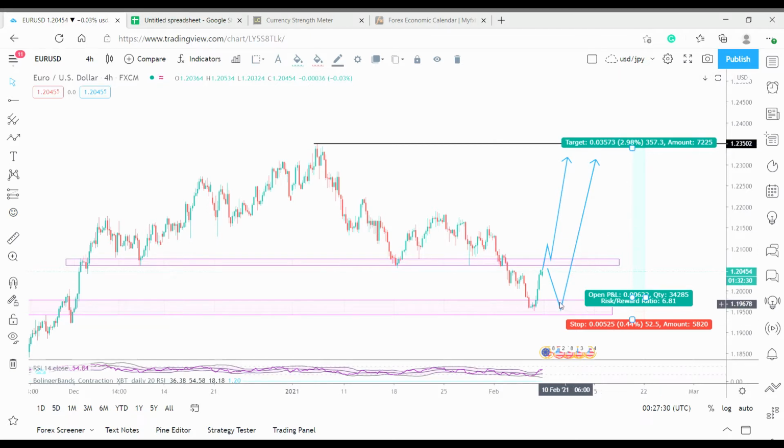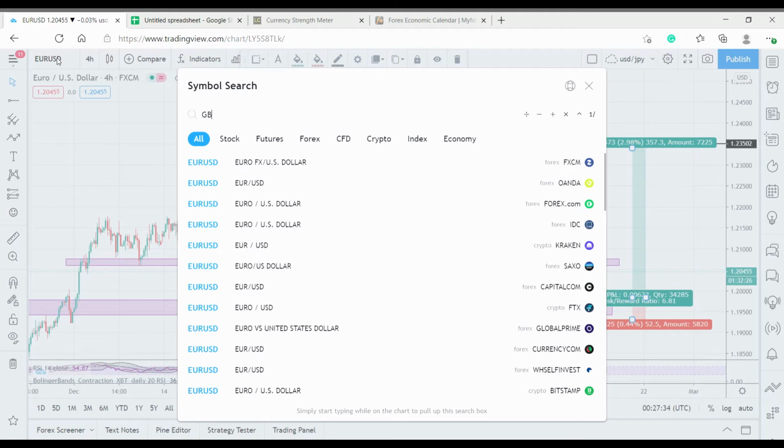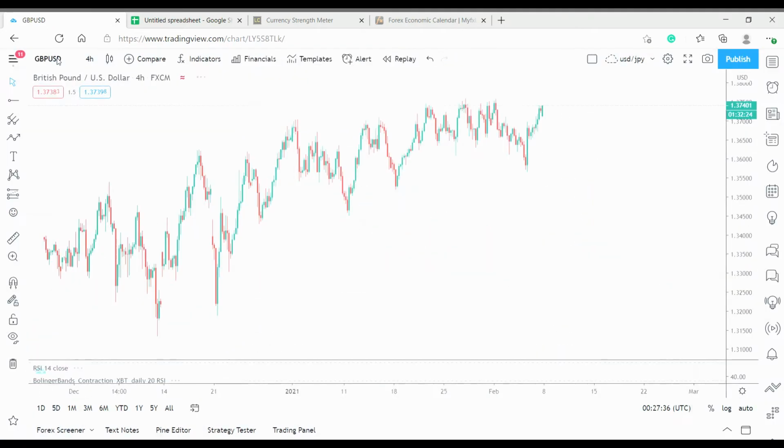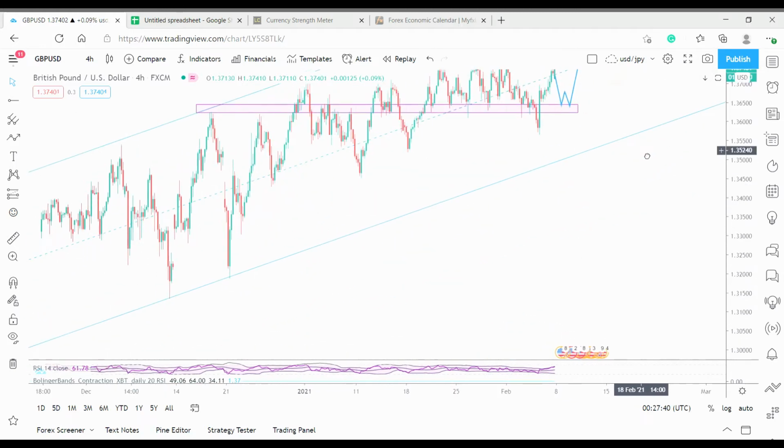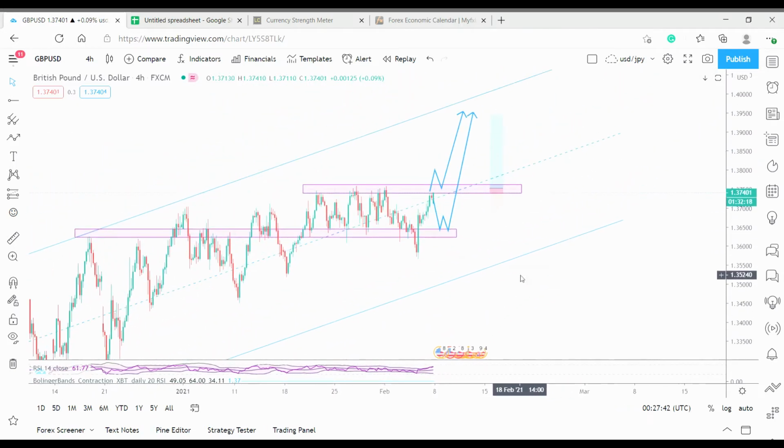All right, next, let's go ahead and check the British pound and US dollar. This has been on an uptrend channel as well. It is now at the resistance level, looking like it is trying to break over, but facing some rejections.